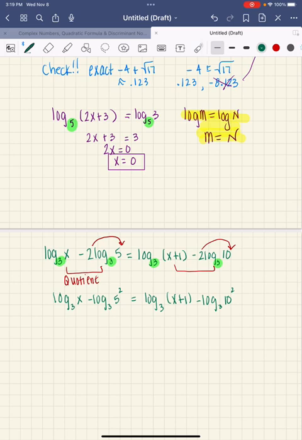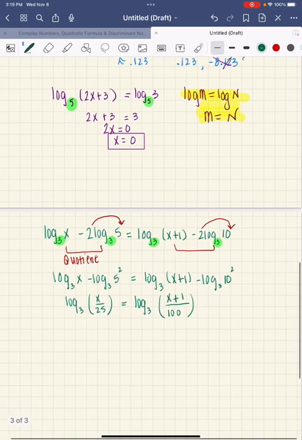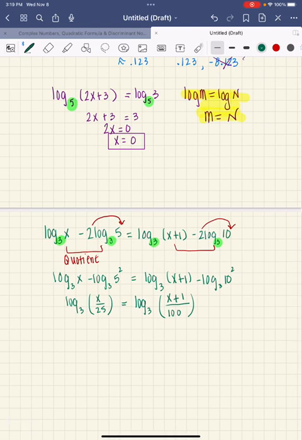Okay, so now I'm going to skip steps. So subtract logs, divide arguments. So 5 squared is 25, so this is going to become x over 25. Then this is going to become the log base 3 of x plus 1. Subtract logs, divide arguments, 10 squared is 100. So now there's a property that says the bases are the same, the arguments are the same.